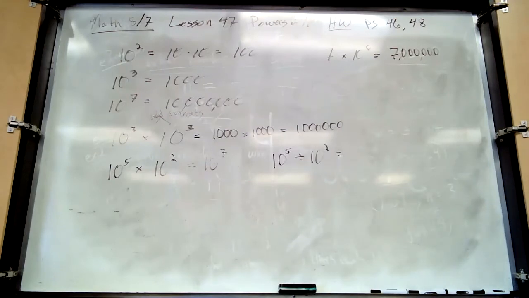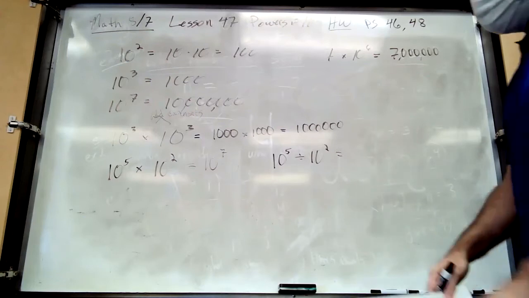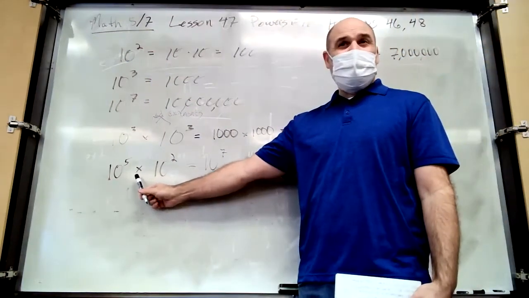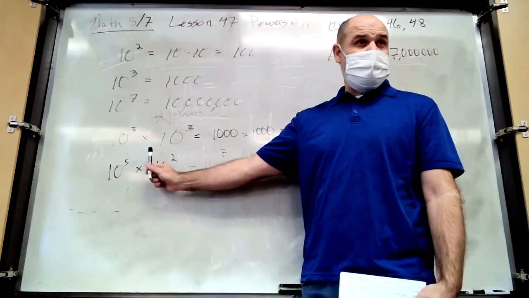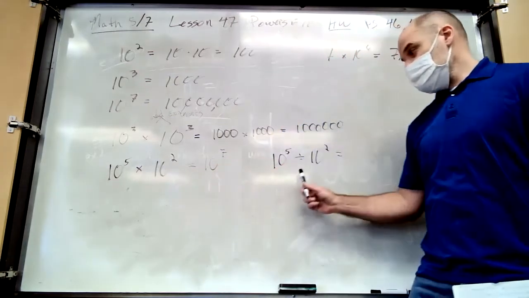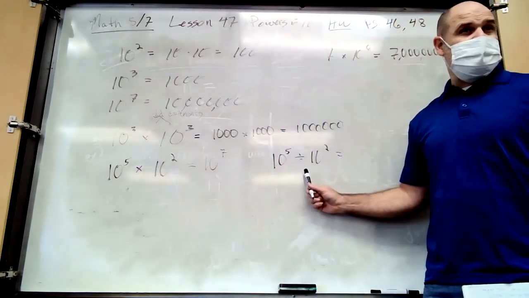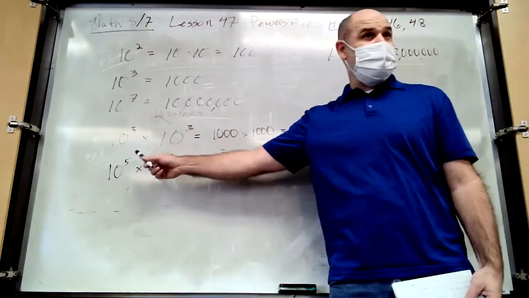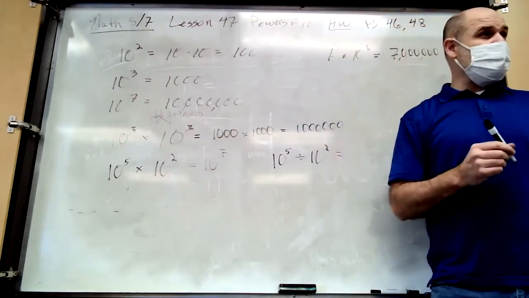What's your gut tell you? 10 to the 3rd. How'd you get that? 5 minus 2. Yeah, you subtract. It makes sense that if you're multiplying powers of 10, you add the exponents. But if you do the opposite of multiplication and divide by powers of 10, you do the opposite of adding the exponents, which is subtracting the exponents.